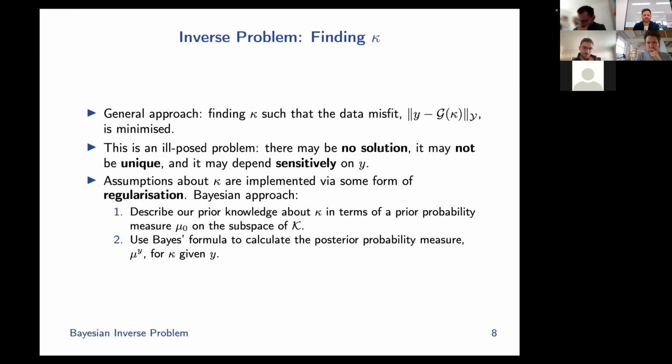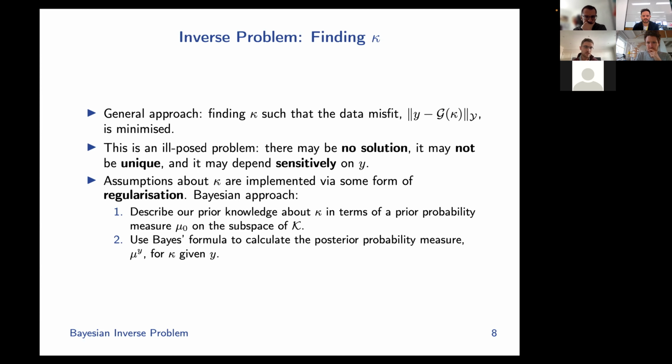And so we need some sort of regularization to proceed. There are more traditional ones, such as Tikhonov regularization.